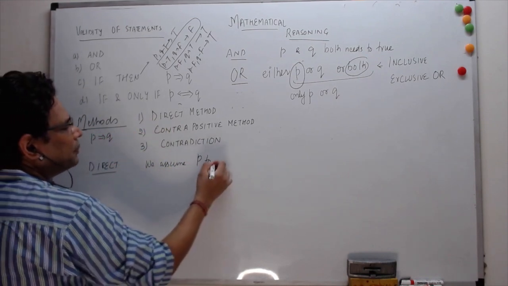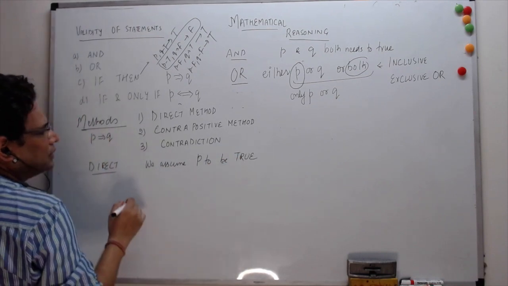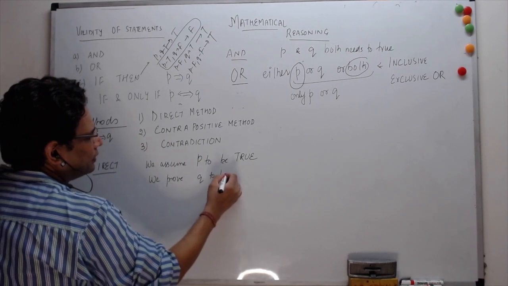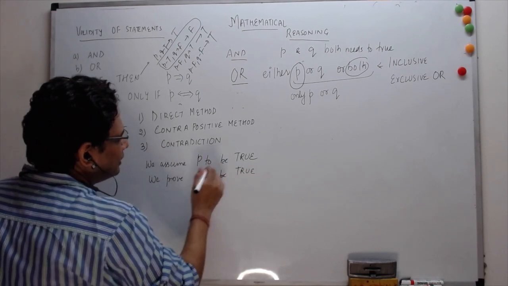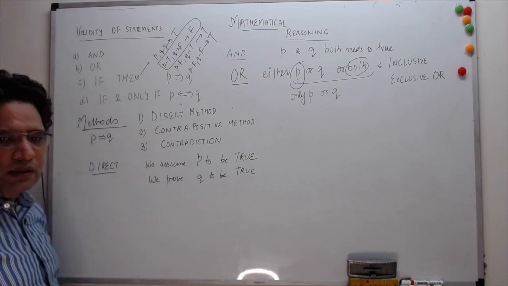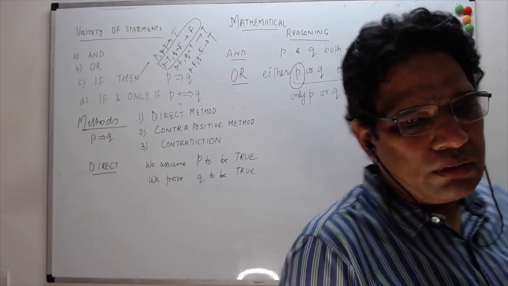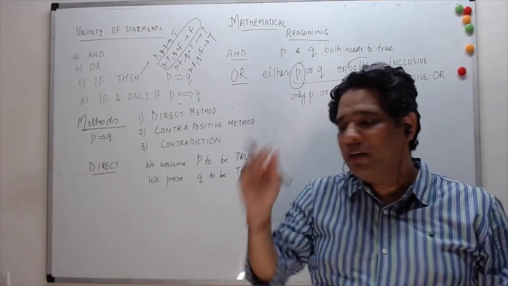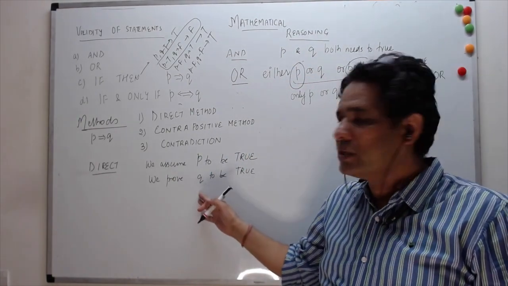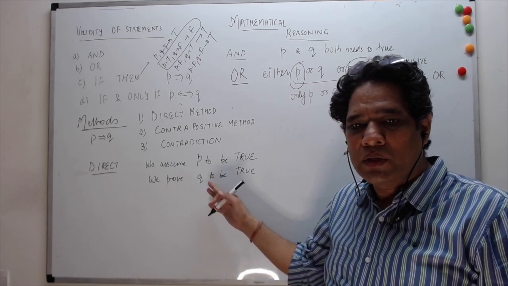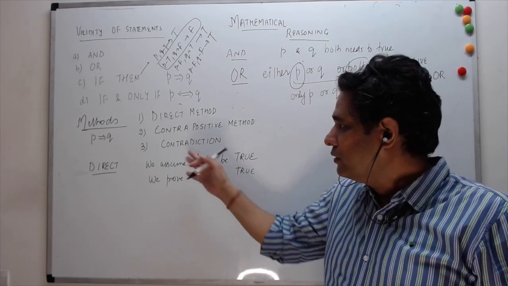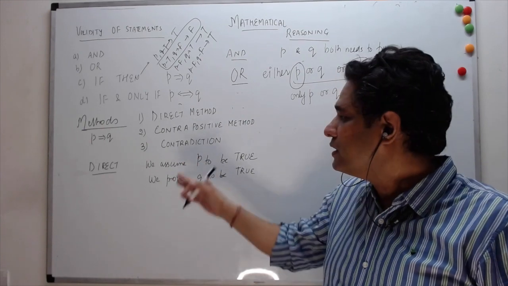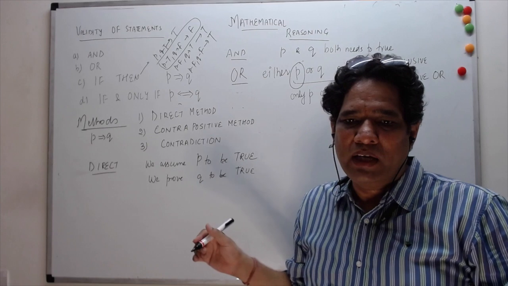So we assume P to be true, and we prove Q to be true as well. We start with P as an assumption, and if we are able to get to a point which proves the Q statement to be true as a direct inference from it, then we say that the if-then statement is true.